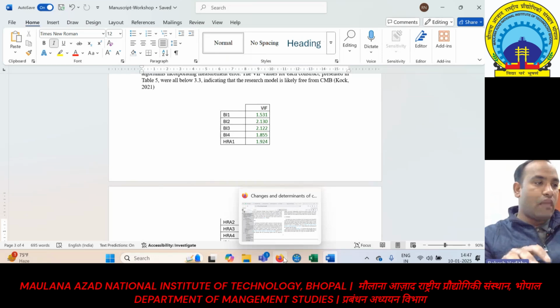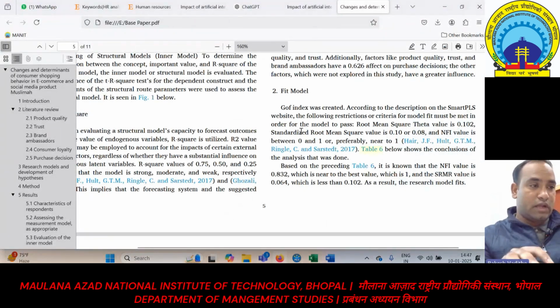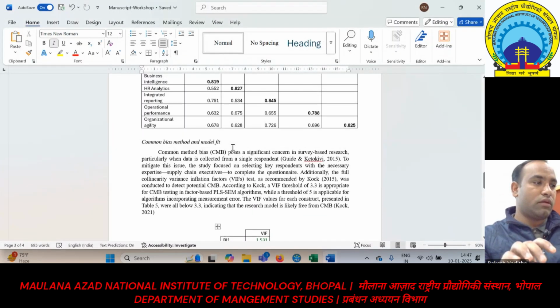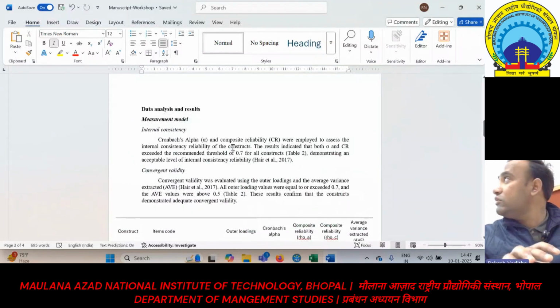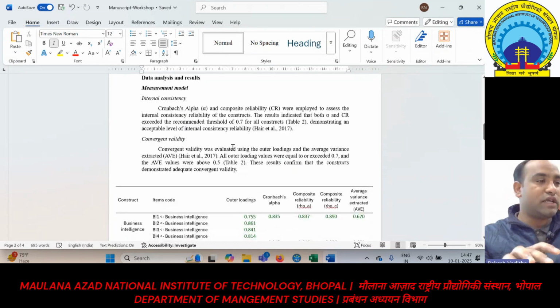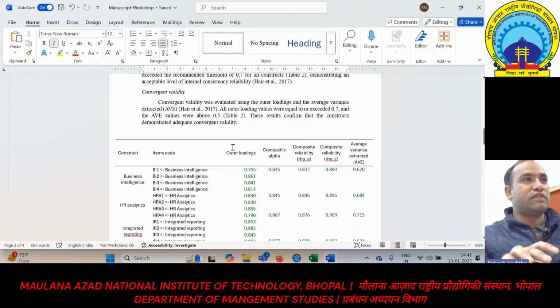This content you copy from this manuscript, paraphrase it, and paste it into our manuscript. I think up to this point everyone has understood the measurement model and internal consistency, and how to extract that information from the SmartPLS report into the manuscript.